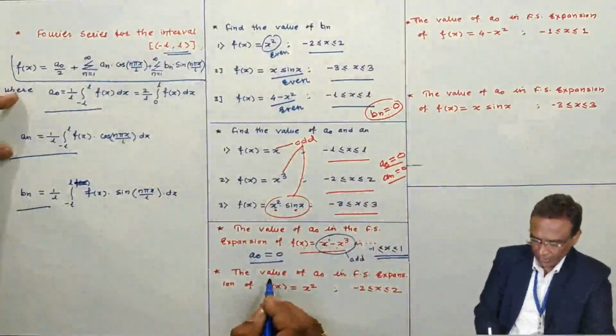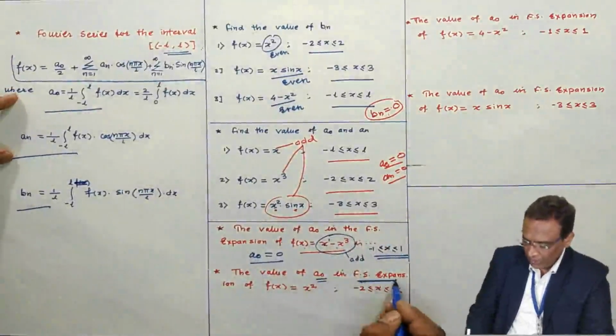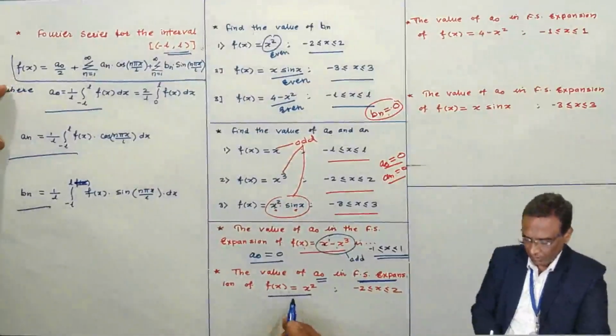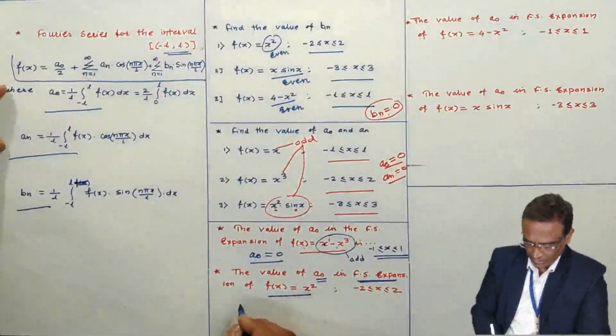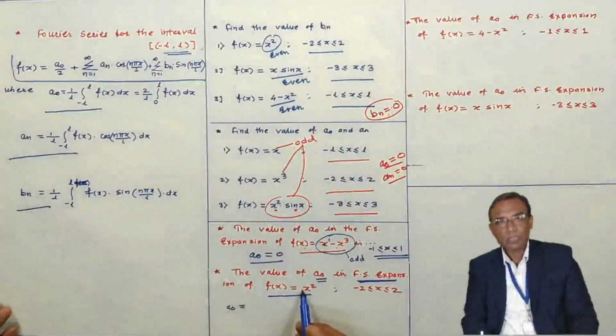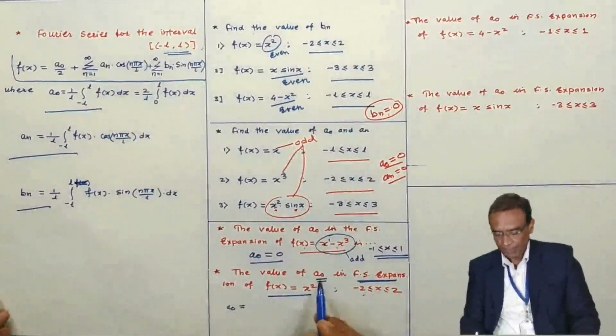Now, very quickly, the value of A0 in the Fourier series expansion of fx. This is an even function. See, what is the formula for A0? This function is an even function defined on a symmetric to 0 interval.